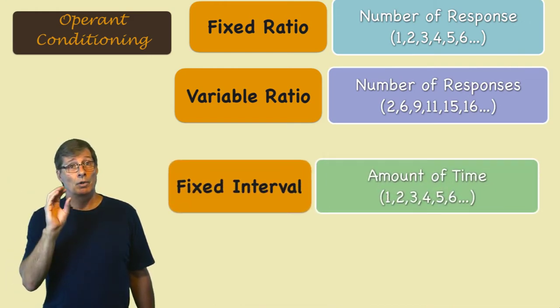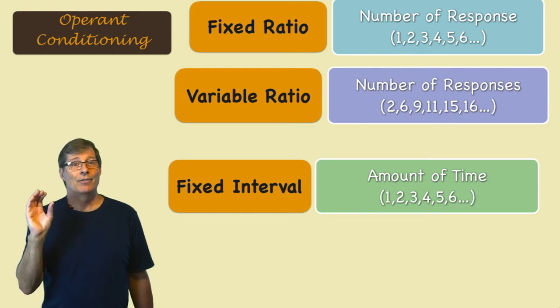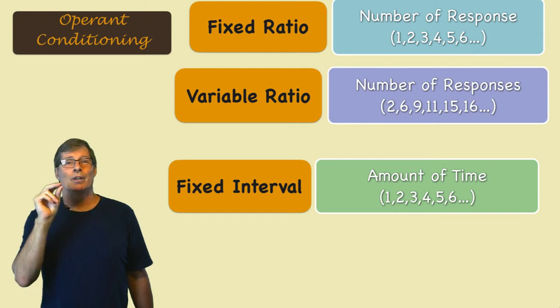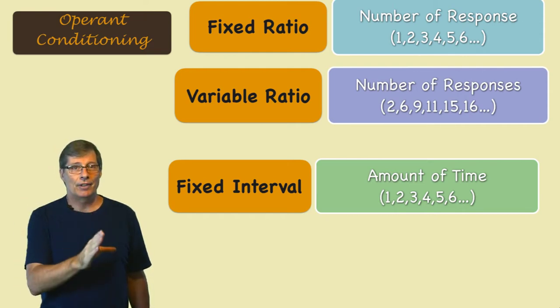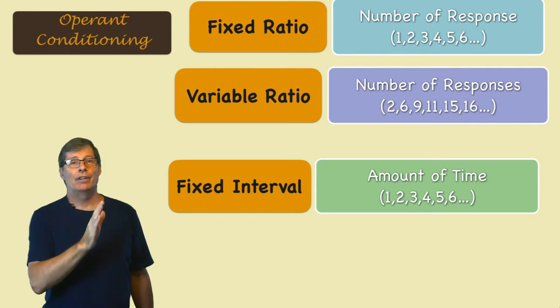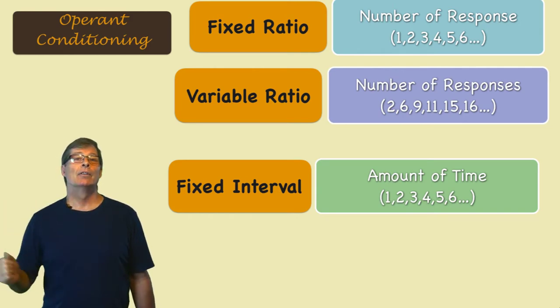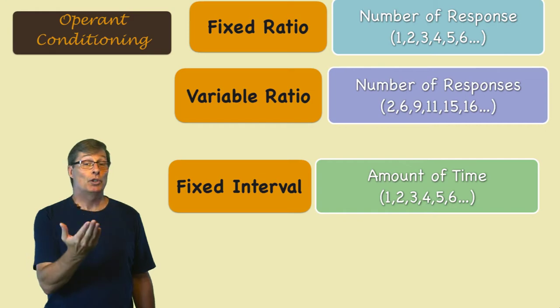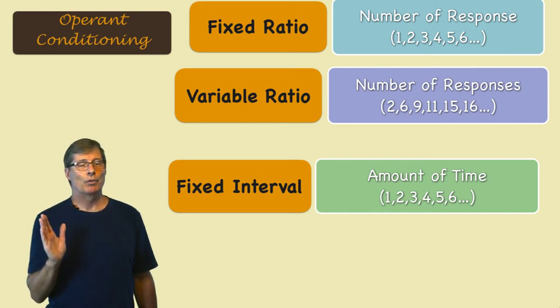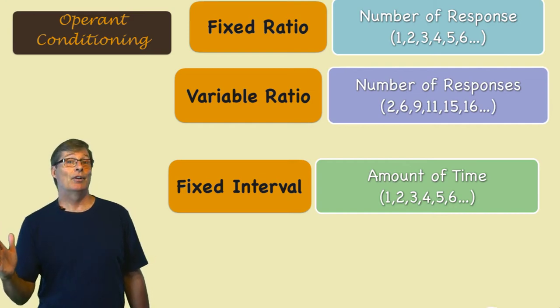Fixed interval, and we're going to make a change here now. Fixed interval reinforces the first appropriate response after a fixed amount of time. So maybe I create the fixed intervals to be every 5 minutes. The first time I see this good response in that 5-minute period, I reinforce, and then no more reinforcements until the next period of time.